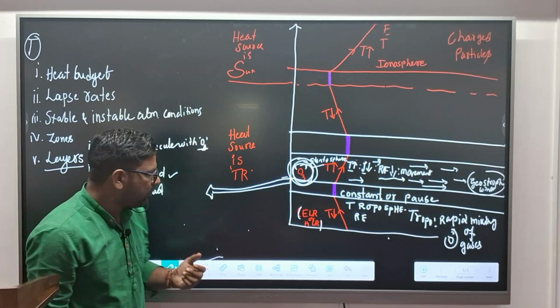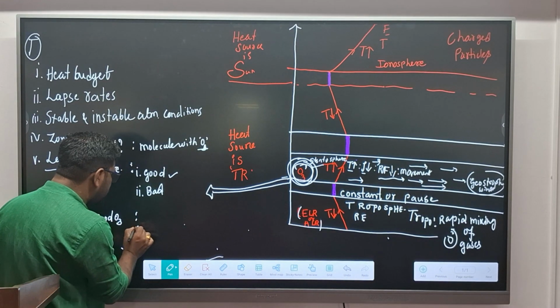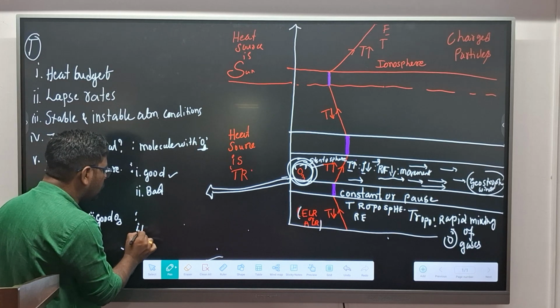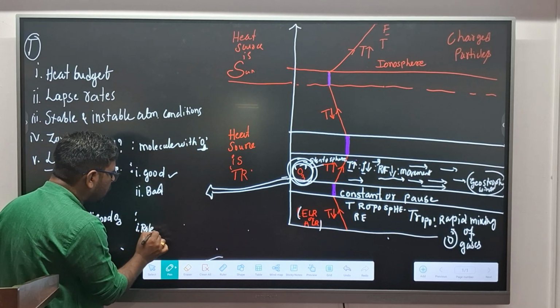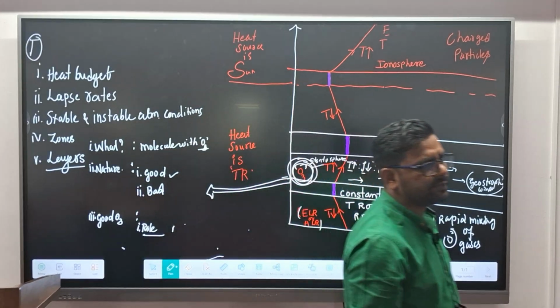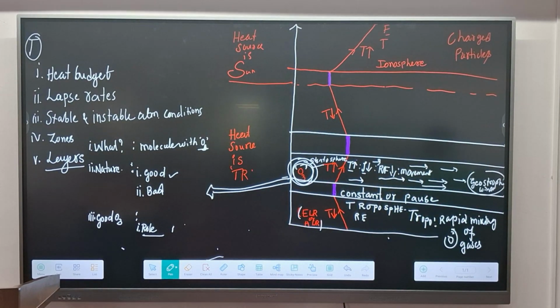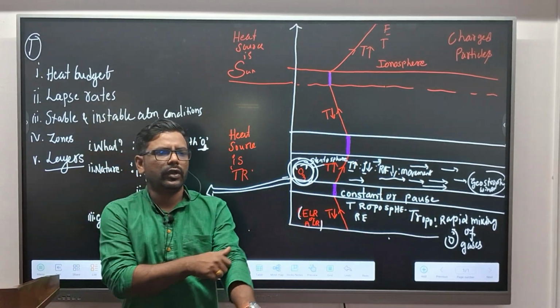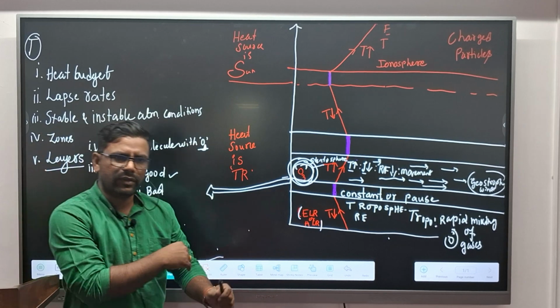In the concept of good ozone, the first thing we have to know is the role. What is the role of it? You can write that it is protecting us from harmful UV radiation. Why is it good? Because it is protecting us from harmful UV radiation. That is the role of it.